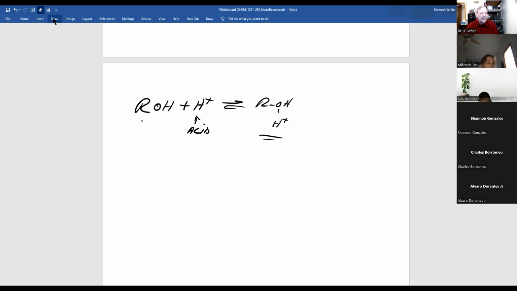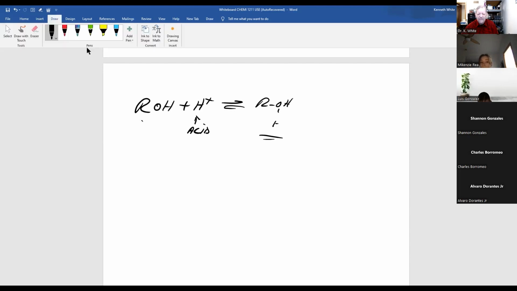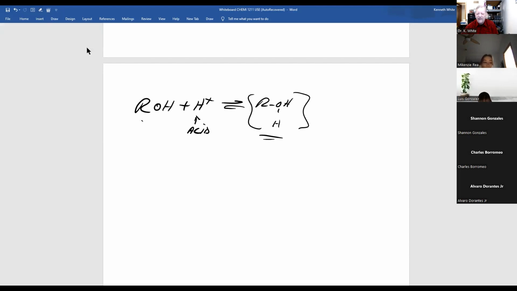Let me redraw this. This cation. Now, the reason I'm talking about it, notice inside the cation we just formed something with two hydrogens and an oxygen.